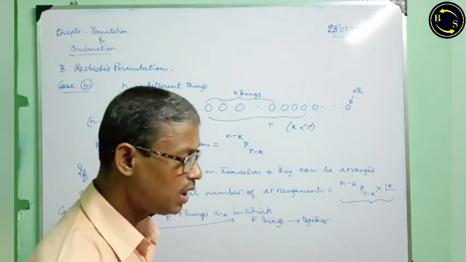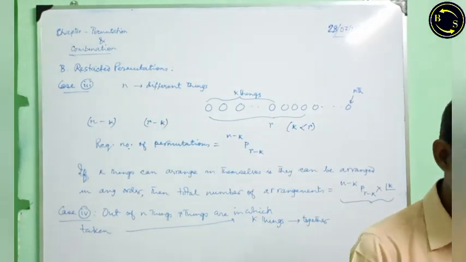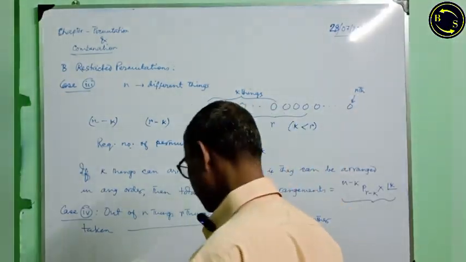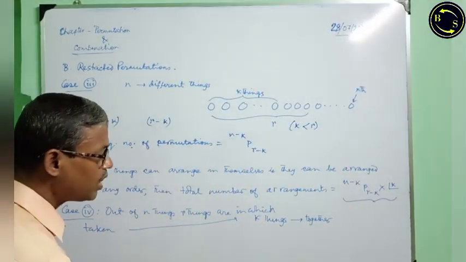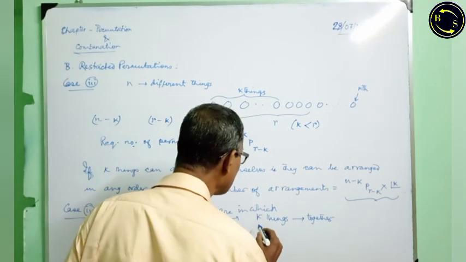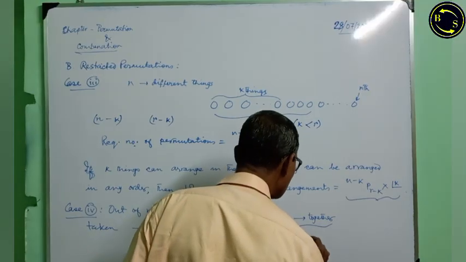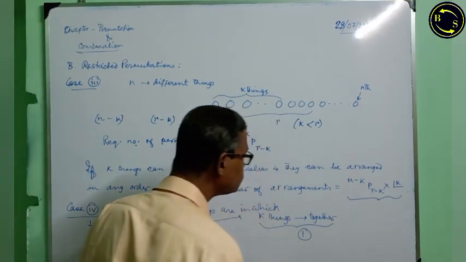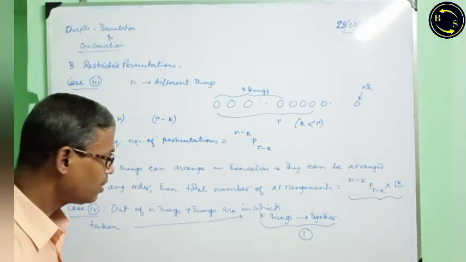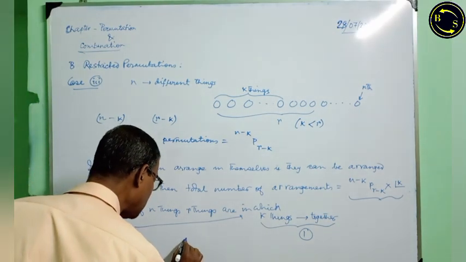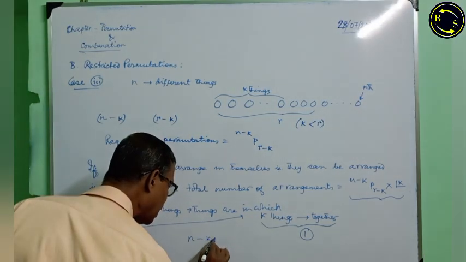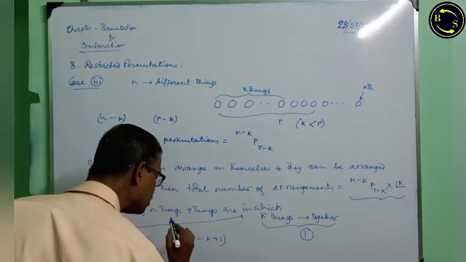Then what will be the number of arrangements? Since these k things will be together, we can think of them as one entity or one thing. Then total number of things will be n minus k plus one.